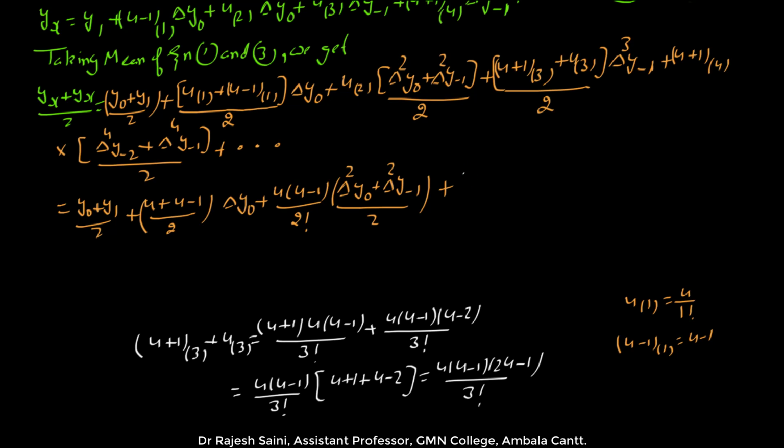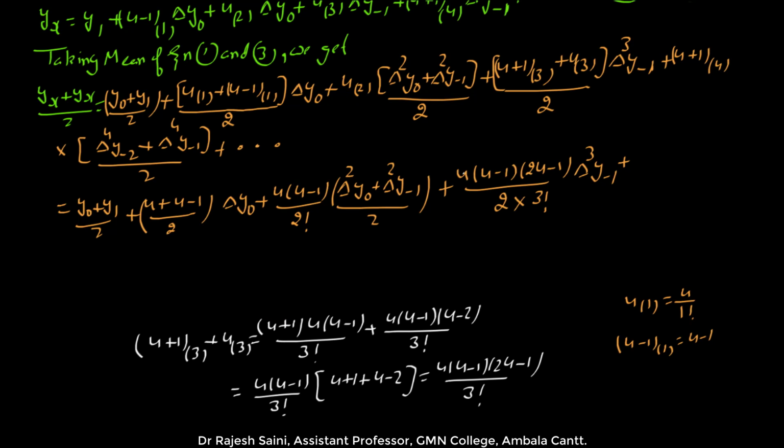So I am going to put it over here: u(u minus 1)(2u minus 1) by 2 into 3 factorial. Fine. Delta cube y minus 1, and u plus 1 you know is u.